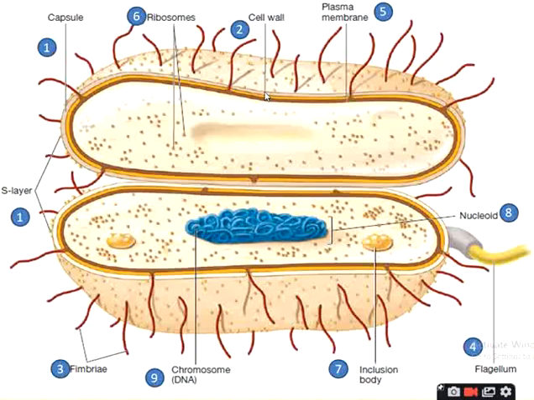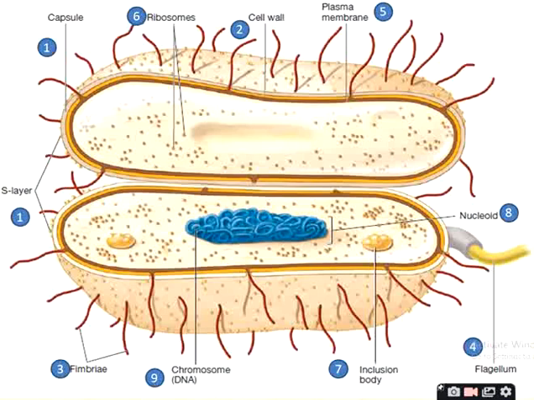See, this is the cell wall, okay, and that cell wall functions to protect the cell, or it gives the size and shape to the bacteria. So this cell wall is a very important organelle in the cell.